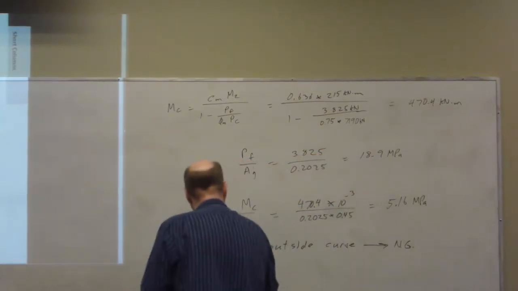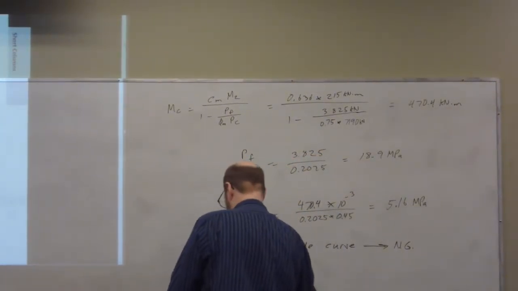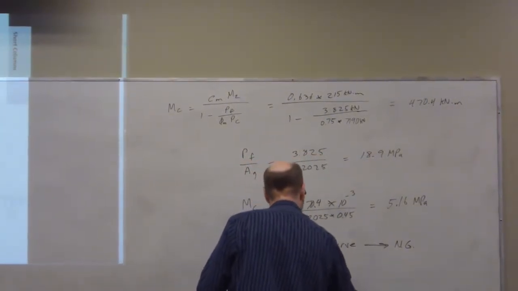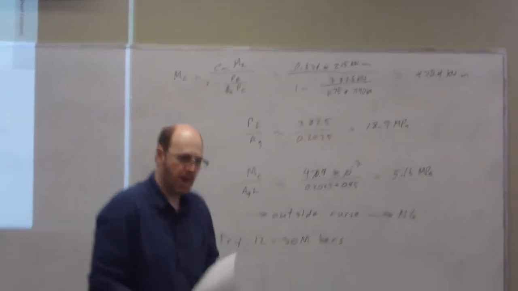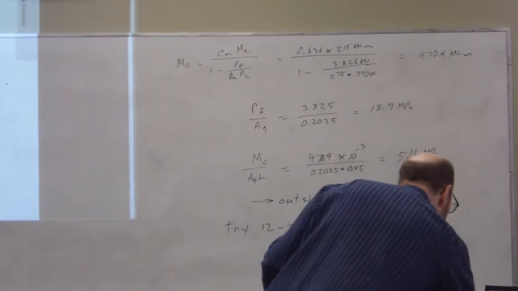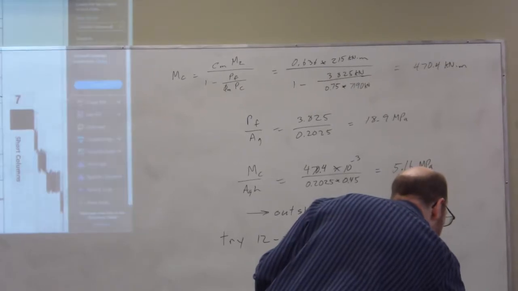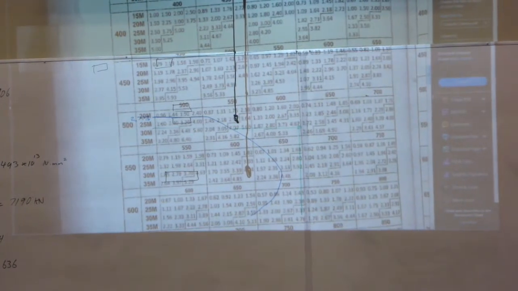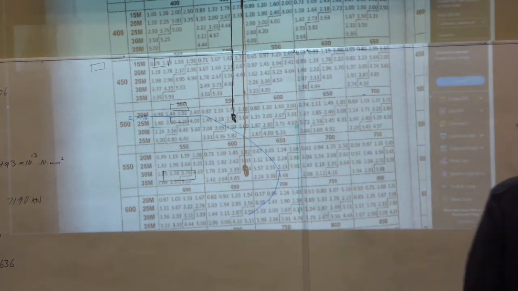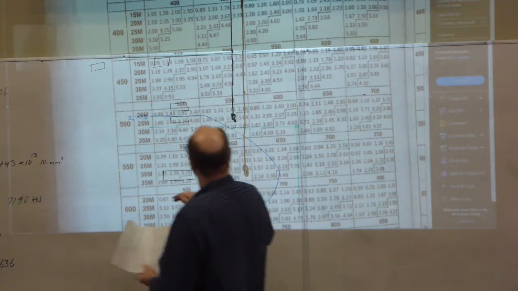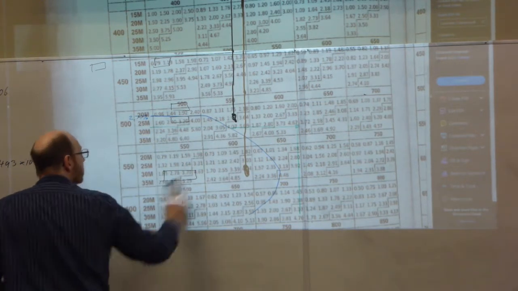So I'm going to try 12 30M bars. So this is going back to our table again here. Looking at our 450 by 450, right, and let's get rid of these guys.